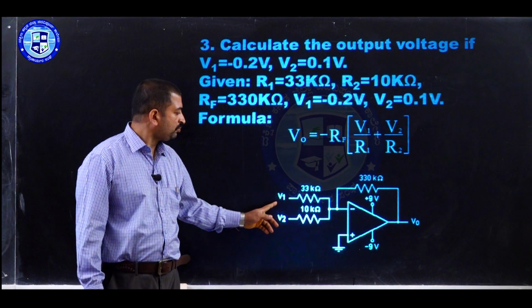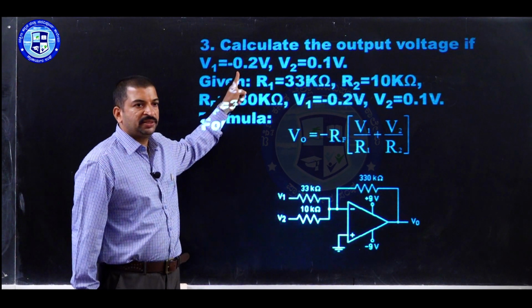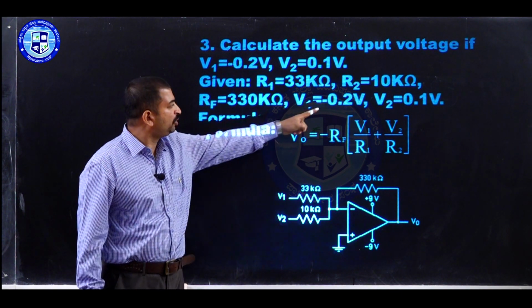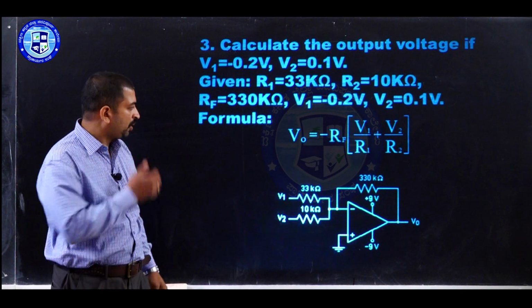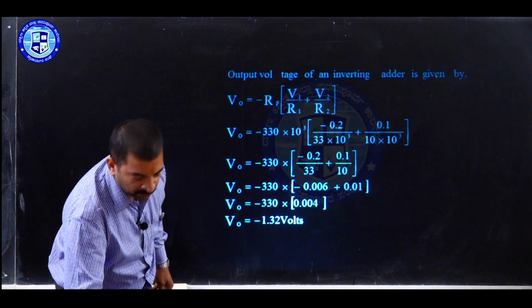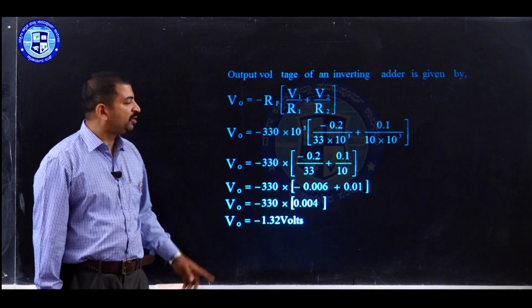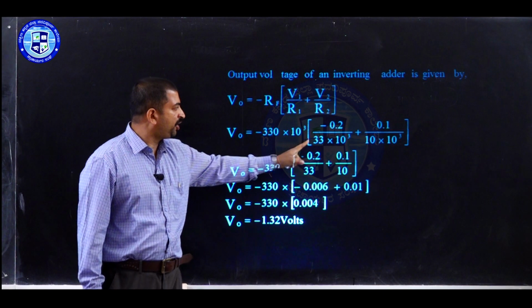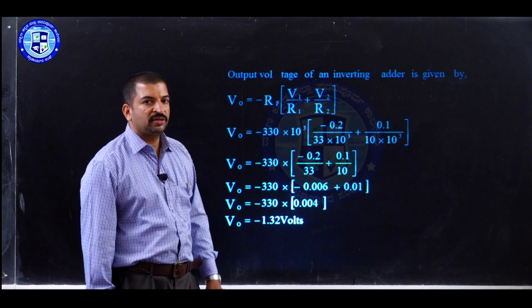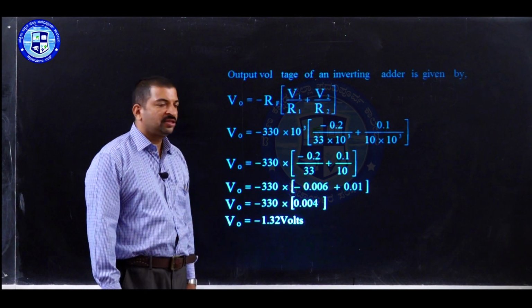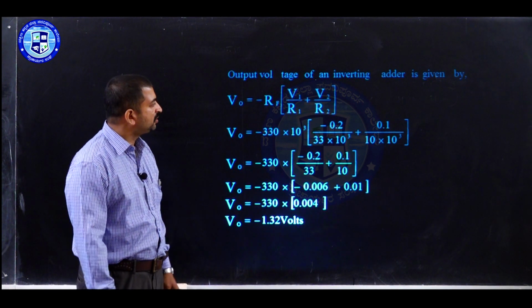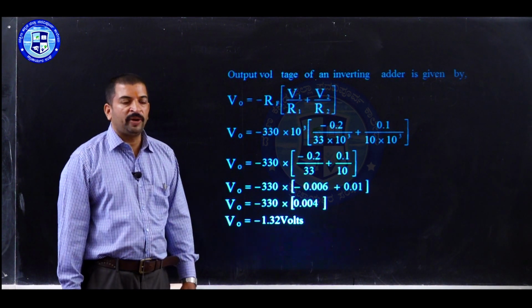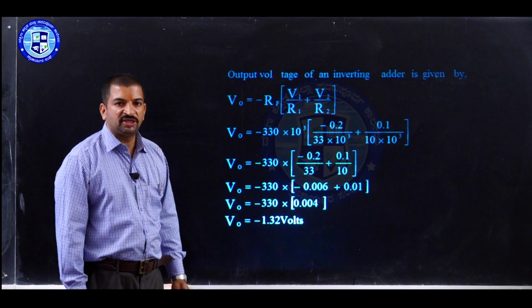Here V1 is given minus 0.2 volts, V2 is 0.1 volts. So let us substitute in this equation. VO equal to minus 330 into 10 to the power 3 into V1 by R1, that is minus 0.2 divided by 33 into 10 to the power 3, plus 0.1 divided by 10 into 10 to the power 3, 10 kilo ohm resistor.